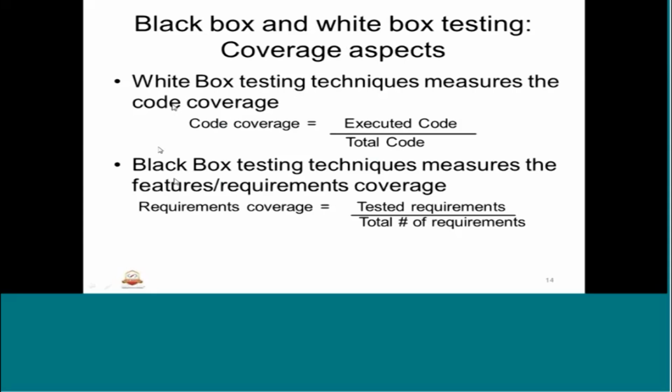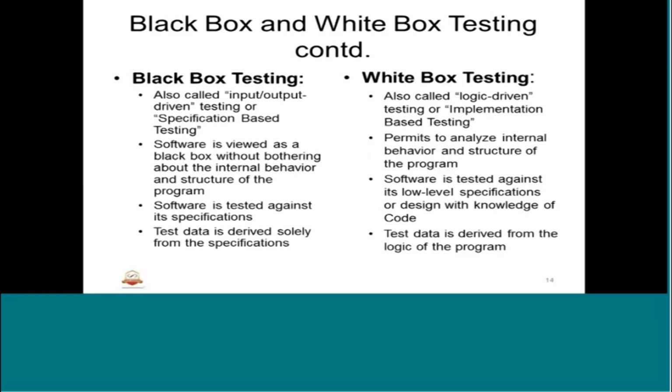Similarly for black box, we measure the coverage in terms of requirements. The number of requirements that we tested against the total number of requirements gives you the coverage in terms of percentage. And we also outlined the differences between black box testing and white box testing.